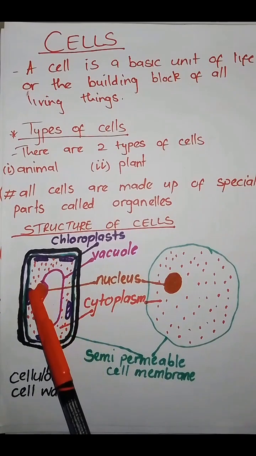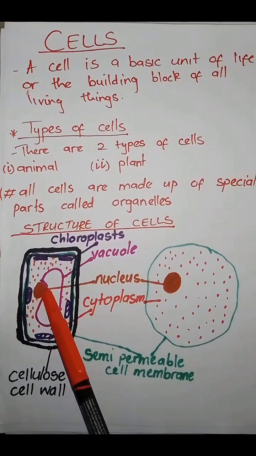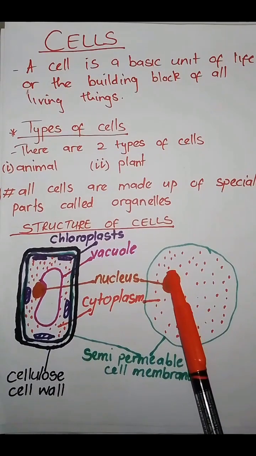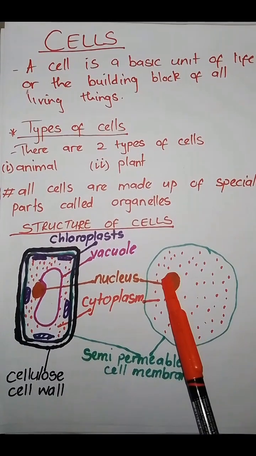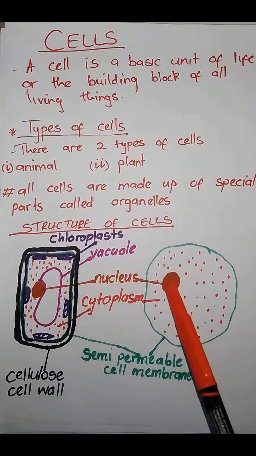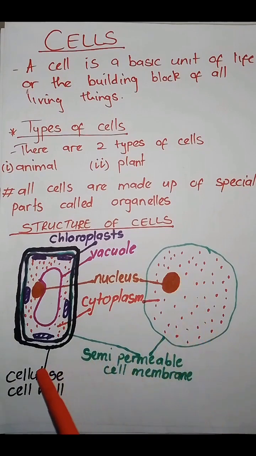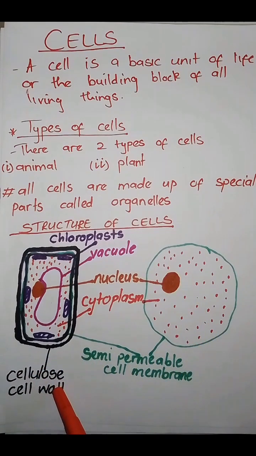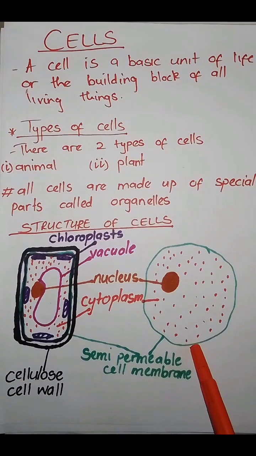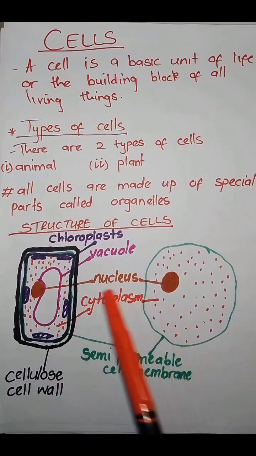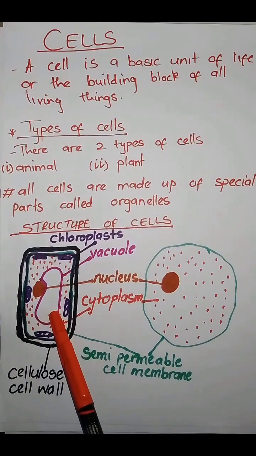And we have a big nucleus on a plant cell, and we also have the nucleus on an animal cell. Those are the similarities between a plant cell and an animal cell. And the differences that I've noted: a cellulose cell wall is absent on an animal cell. Chloroplasts are not found on an animal cell. The vacuole is not found on an animal cell.